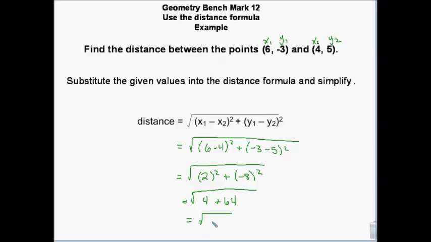And so my distance is equal to the square root of 68. And then I can check to see if it's simplifiable. And it is. I have a pair of 2's right here, and a lonely 17. So I pull the 2 out, and the 17 stays behind.